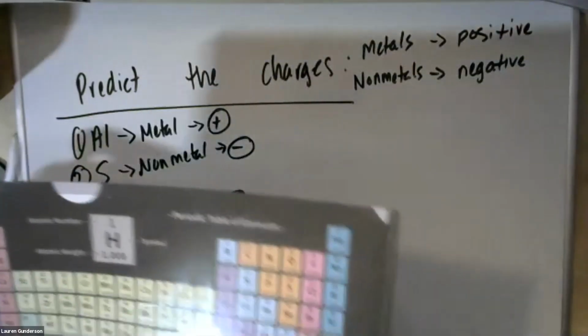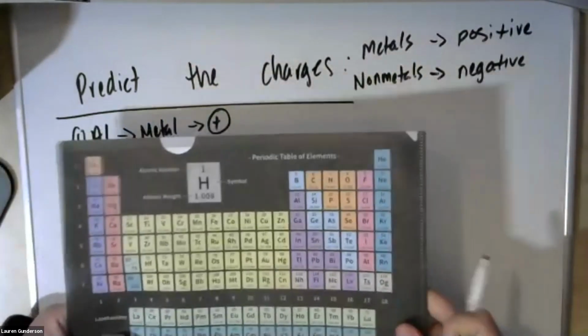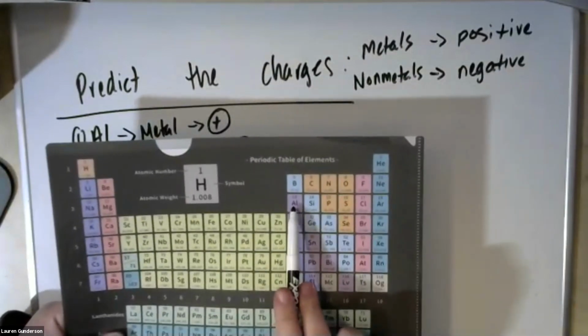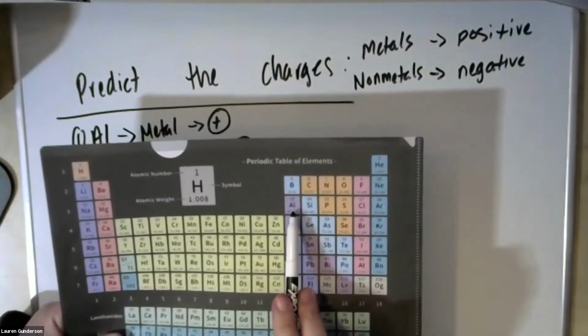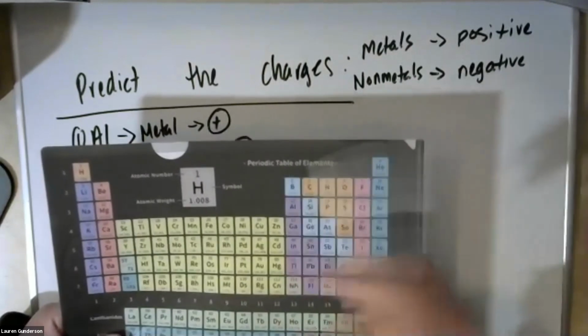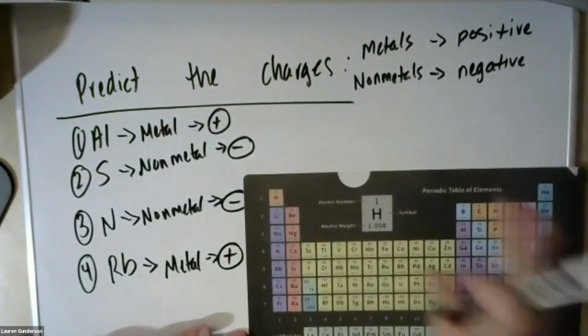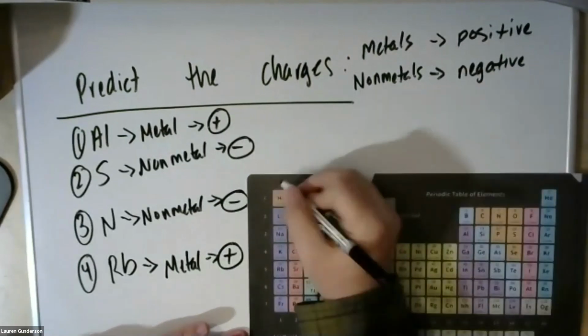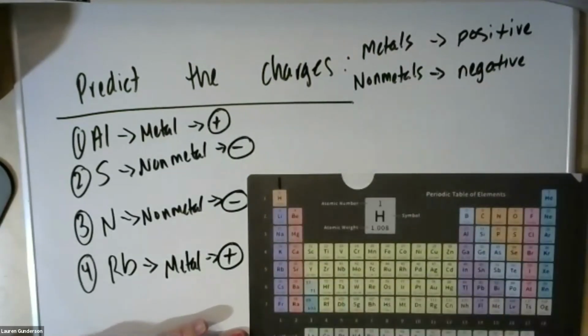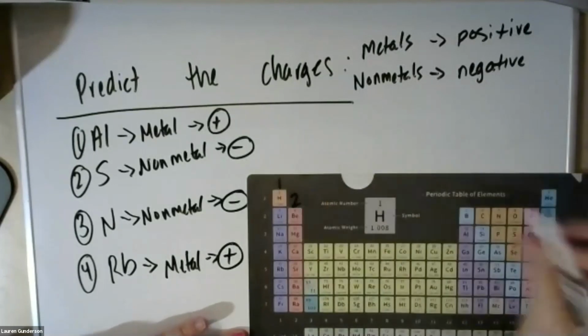So if we have something like aluminum, we already know that it's a metal. It's in group 3. Remember, that's how we number our main groups. This is group 1. I know this is dark on dark, so it's harder to see, but I think you guys can follow along.